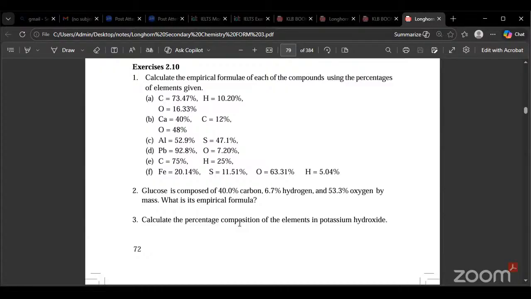Calculate the empirical formula. You can look for carbon, hydrogen, and oxygen. Those things are very simple. Let us do even question one alone.